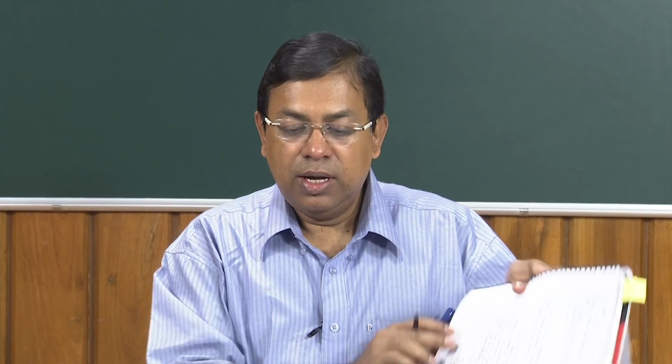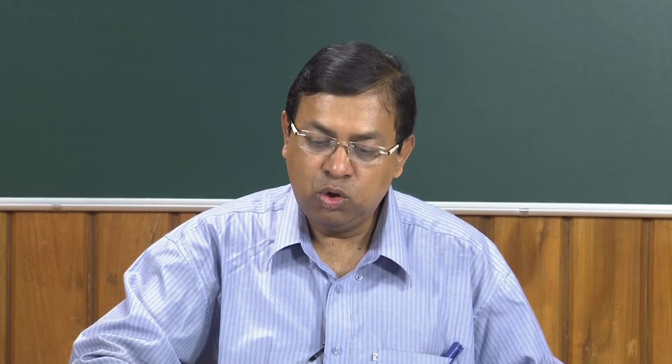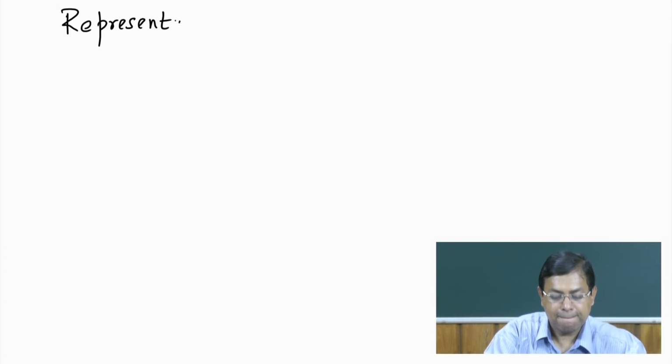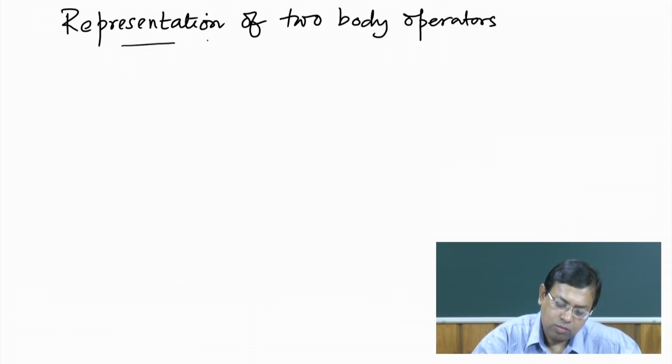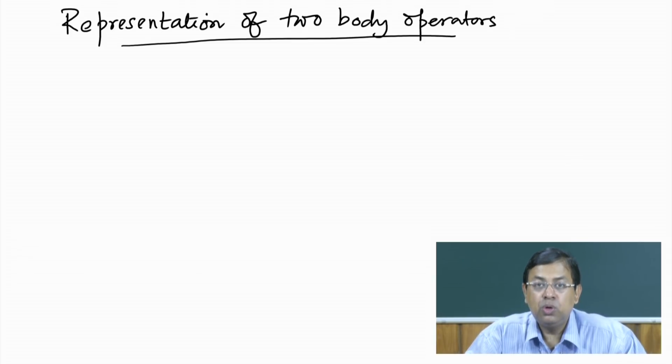So, now having done the one body operator, let us talk about the two body operator, representation of two body. So, these two body operators are used to denote pairwise interaction between particles.